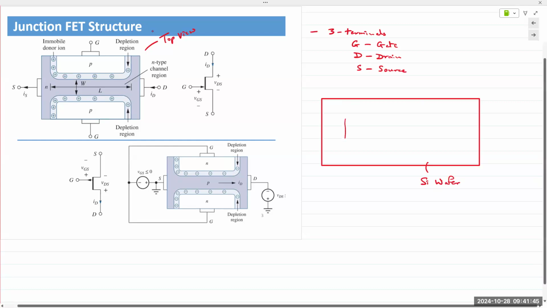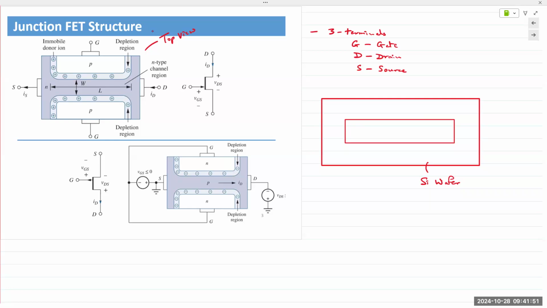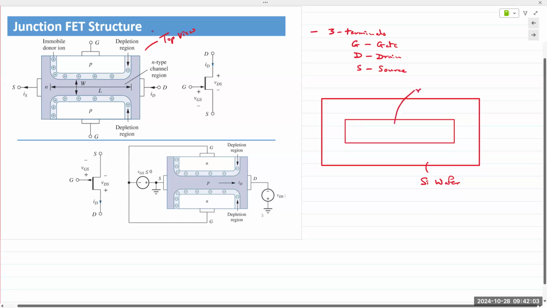So let's see if it looks something like this. If this structure is N-type, then it's known as an N-channel JFET. If the structure is created from P-type, then it's referred to as a P-channel JFET. Okay, so for purposes of explanation, we'll say that this is N-channel.